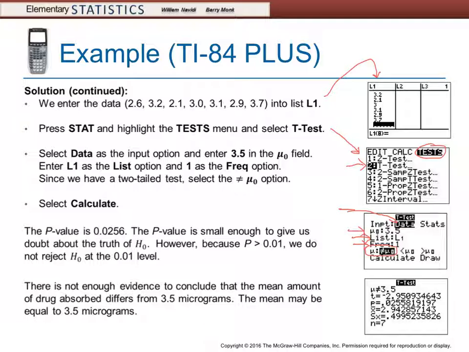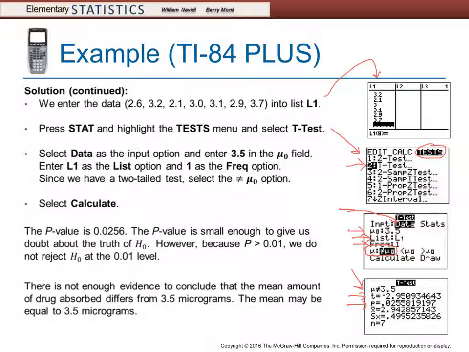Then we hit calculate, and here's the screen. Our t-value is negative 2.95, and our p-value is 0.02558.